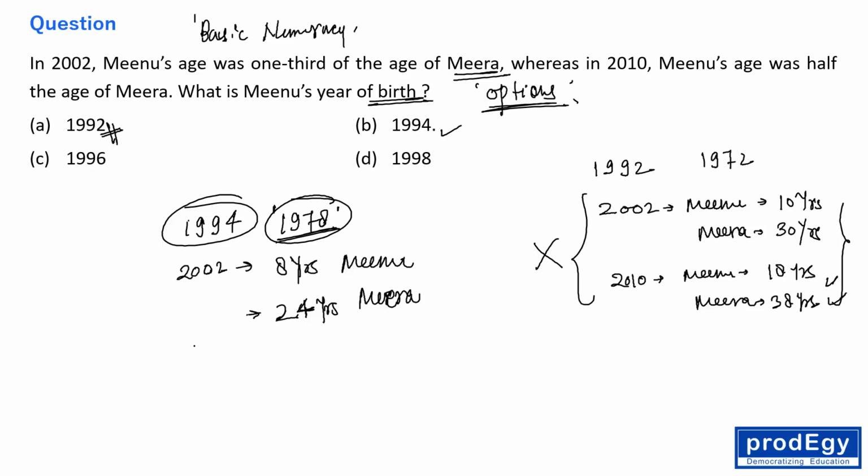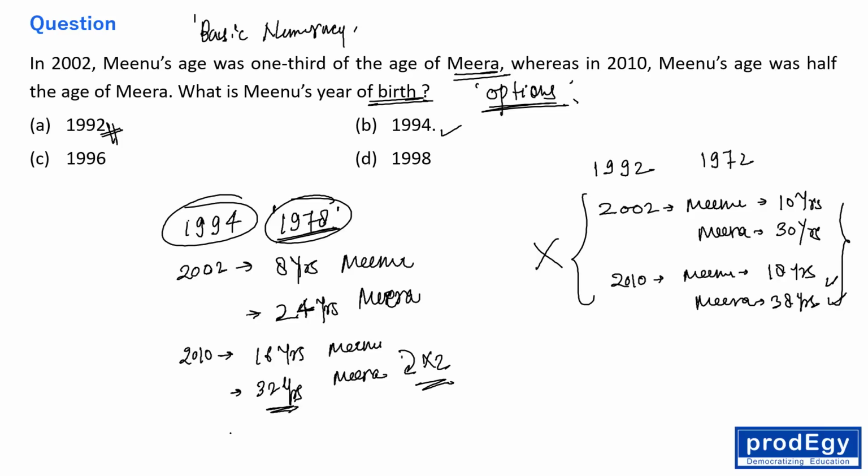Okay. So in 2010, Minu will be 16 years of age, and Mira will be 32 years of age.